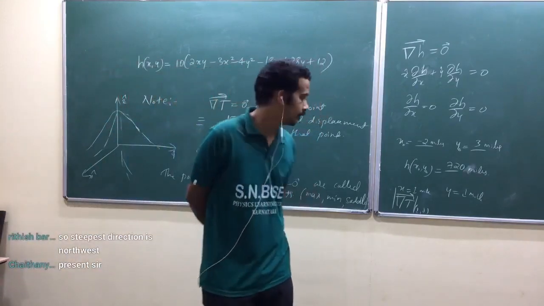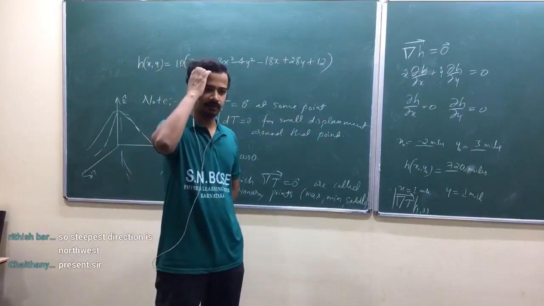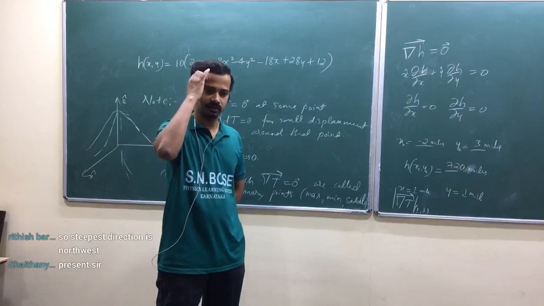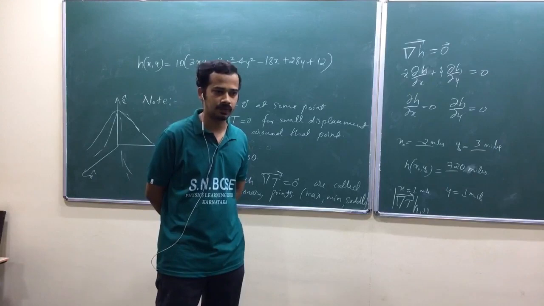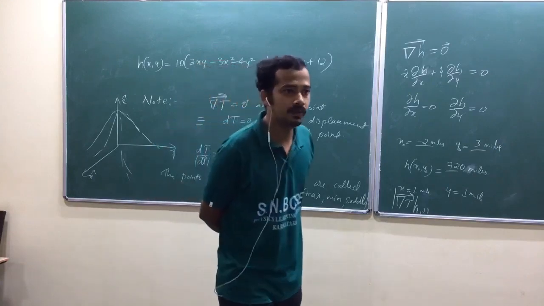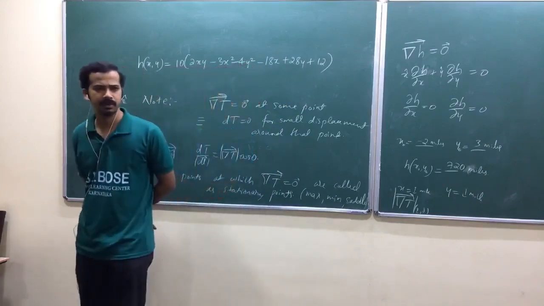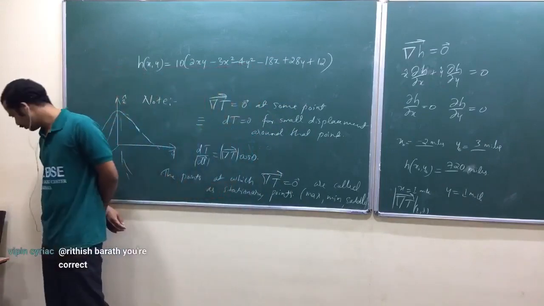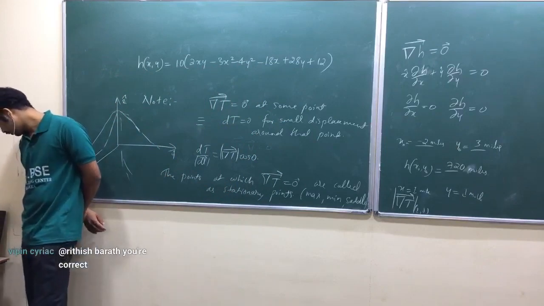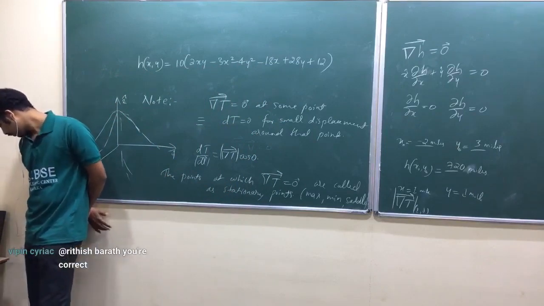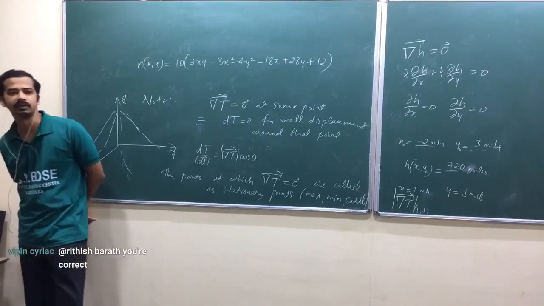The answer is in feet, but the question is in miles. Look at that one. Feet per mile. What do you mean by feet per mile? Okay, the hill is in feet, and x and y distances are in miles.